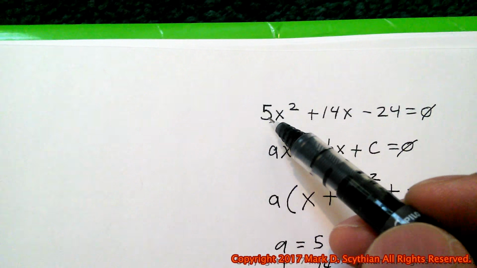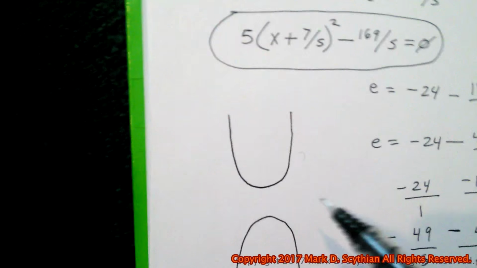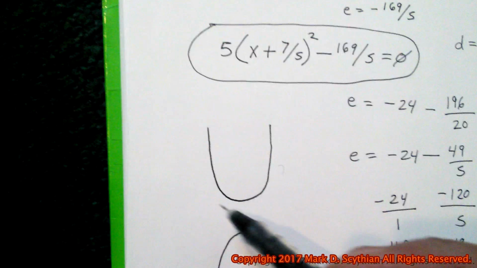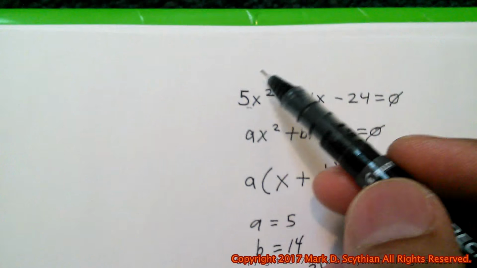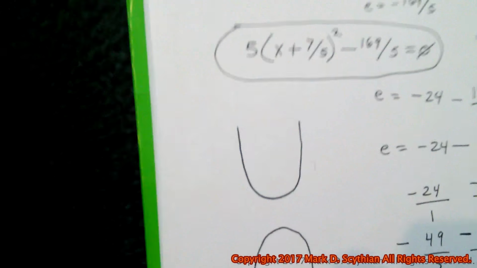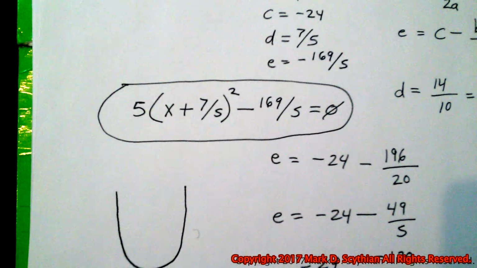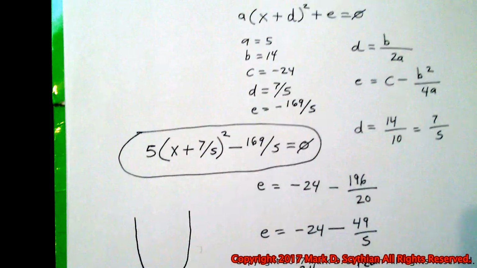So if the 5x, this is A, right? If this is a positive value, then the parabola will face upward. If it is a negative value, it will then face downward. So I'll cover that more in the next video lecture on how to graph quadratic equations set up in vertex form, but this is just a little prelude.